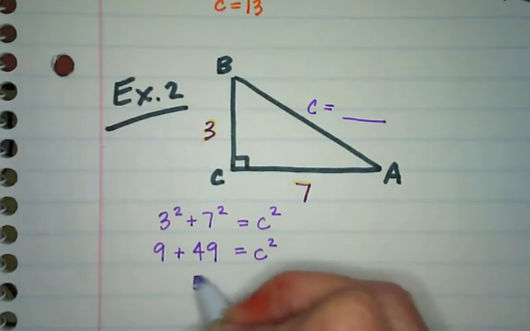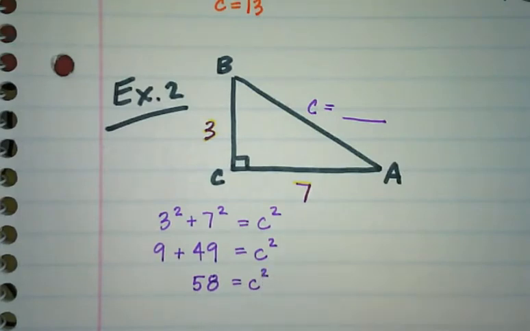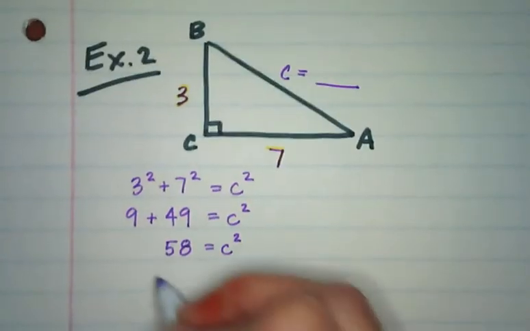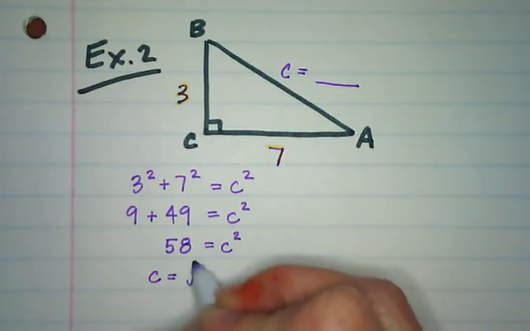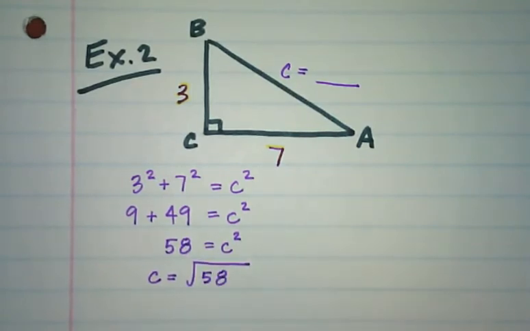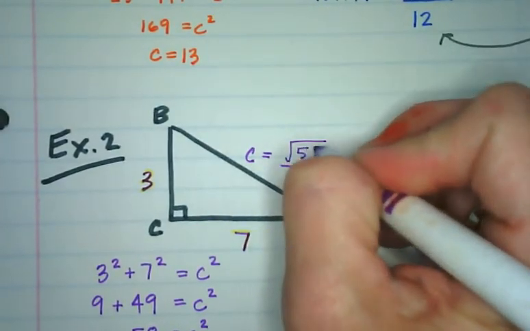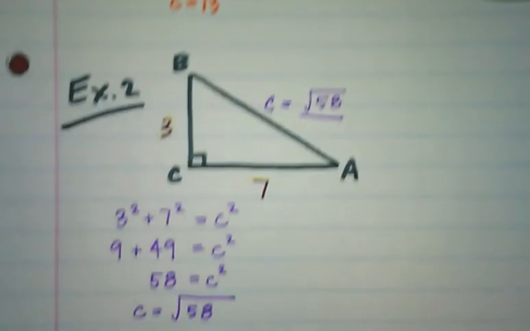We add that up, we get 58 equals C squared. So C is going to be the square root of 58. And it just so happens that one can't be simplified. So instead of making that into a decimal, I'm going to leave this one as a square root because it would be more accurate to leave it than to estimate it.